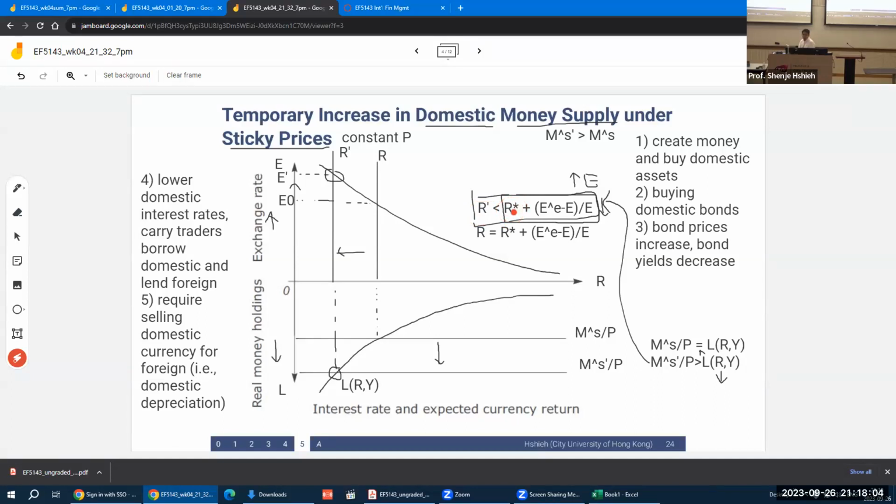And in doing so, they're going to convert domestic currency for foreign currency. In other words, selling domestic and buying foreign. This action will put upward pressure on E because they are depreciating the domestic currency. And it's going to depreciate until the entire right-hand side is going to be smaller, right? That can only happen if E is larger. Okay.